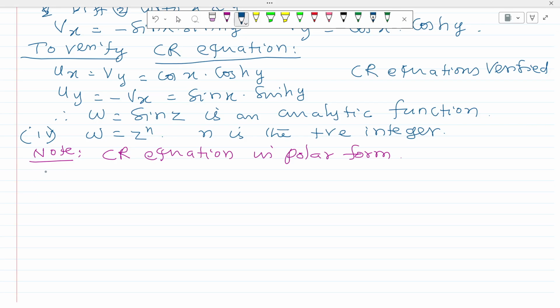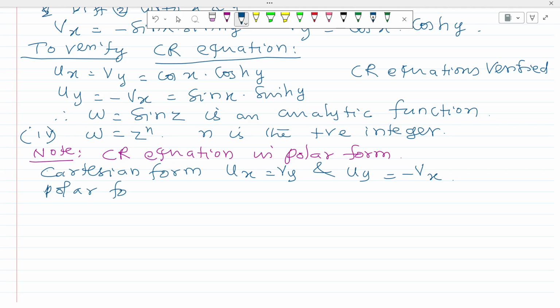The CR equation in Cartesian form is Ux equal to Vy, Uy equal to minus Vx. The same form in polar form is dou u by dou r equal to 1 by r dou v by dou theta. It is a very important point.